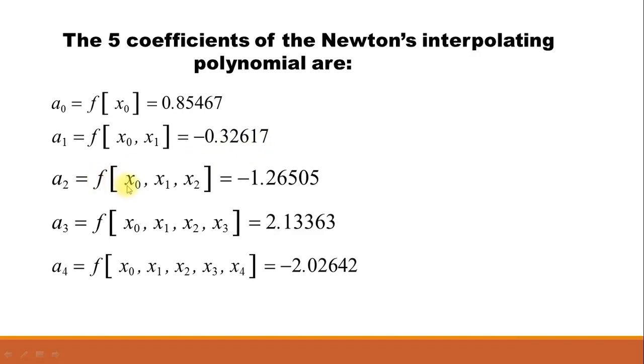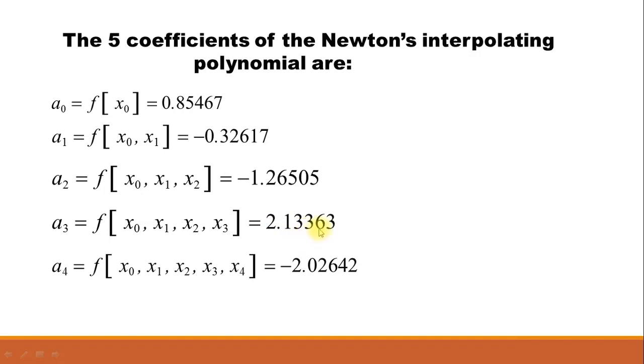So f of x naught x1 x2 is equal to a2, which is equal to minus 1.26505.